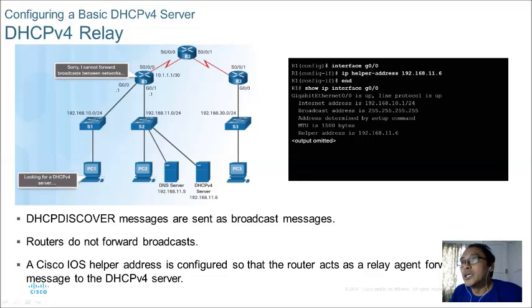If this PC would like to ask for an IP address from the DHCP, and this is the only DHCP that you have, therefore use an ip helper-address in order for you to point it to that particular server. That way, the server can give out IP addresses to this segment here. So later we are going to give the command out.